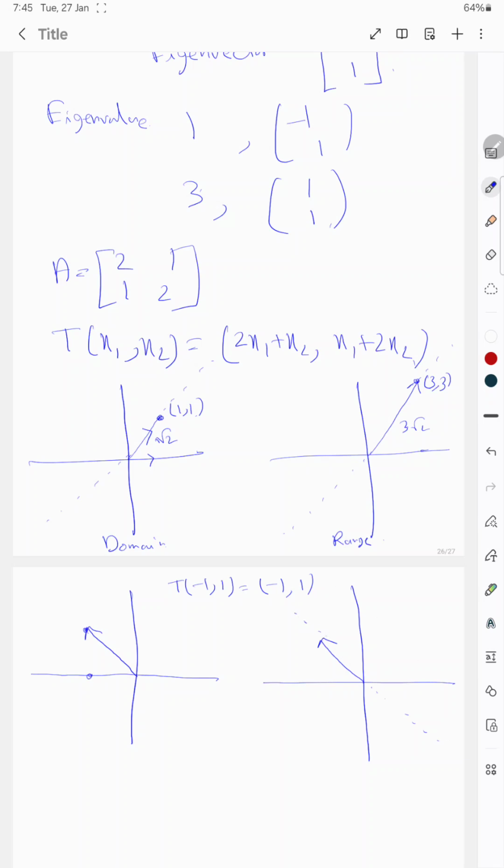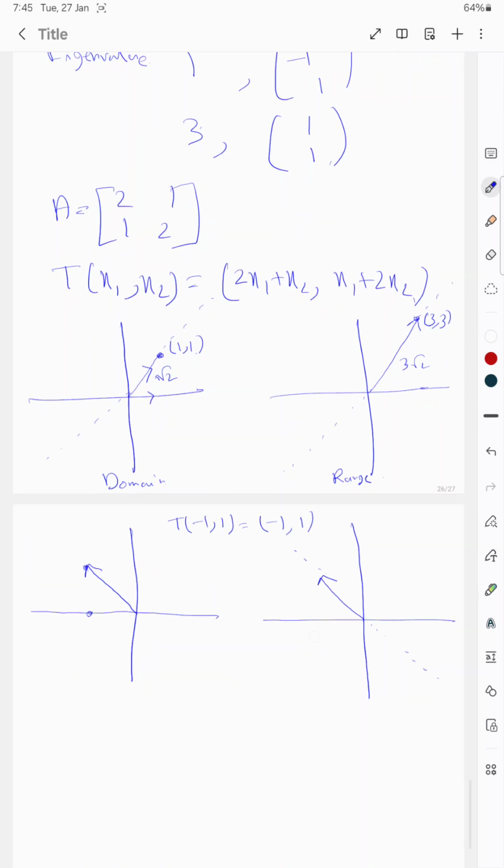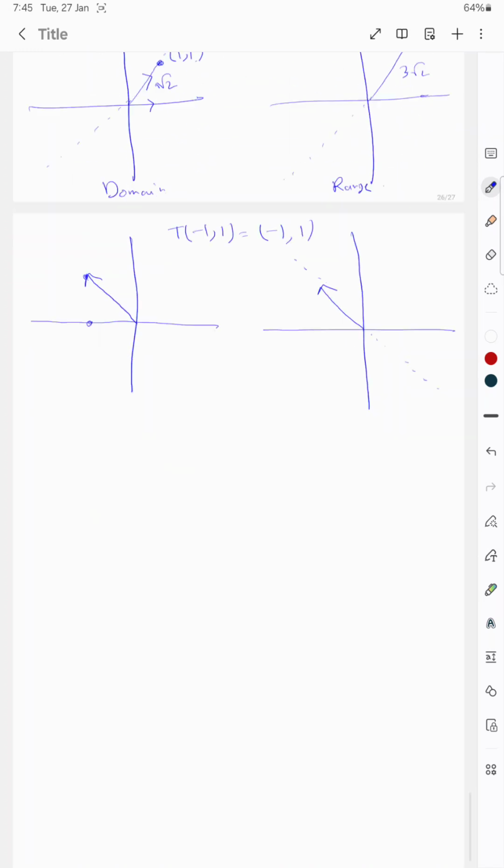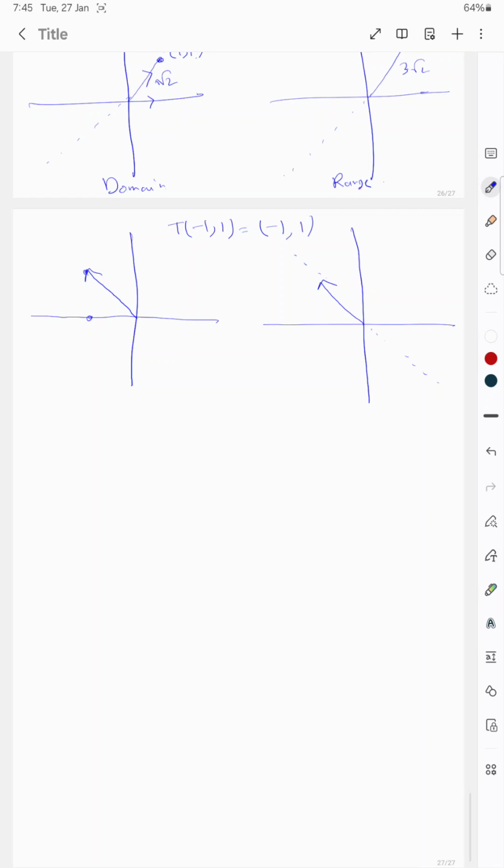Okay, so in this way there is a relation between linear transformation and your eigenvalue and eigenvector. You can visualize it with your geometry. So this is your eigenvalue and eigenvector. Now I am giving you some homework.